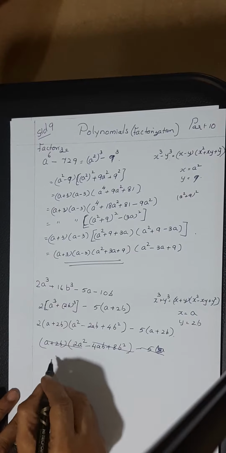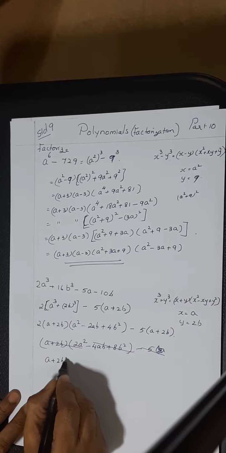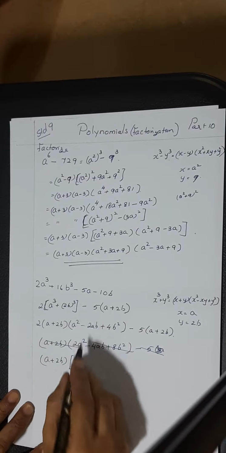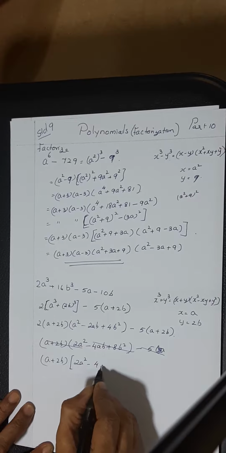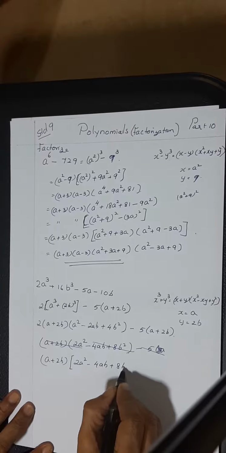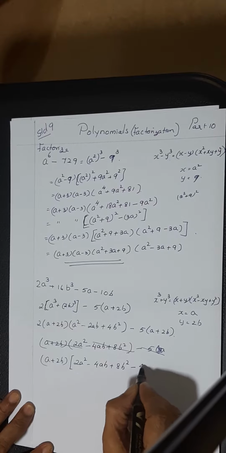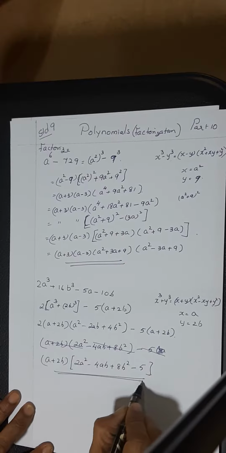Rewrite it. A plus 2b I have taken out. So 2a squared minus 4ab plus 8b squared minus 5. So this is your answer.